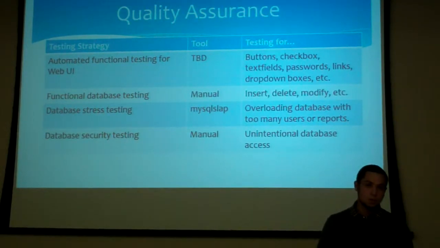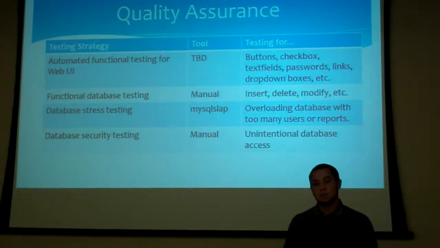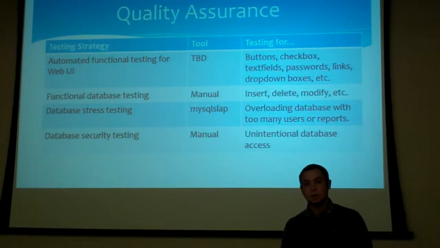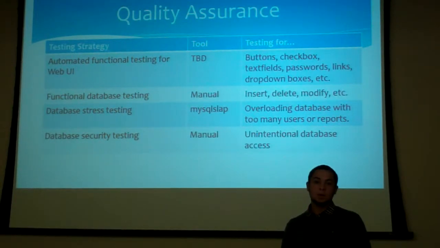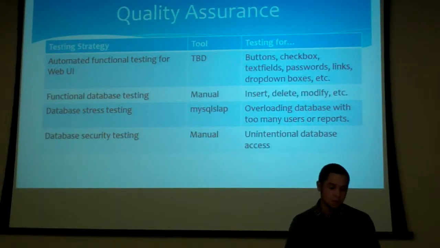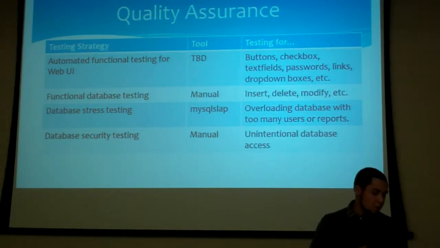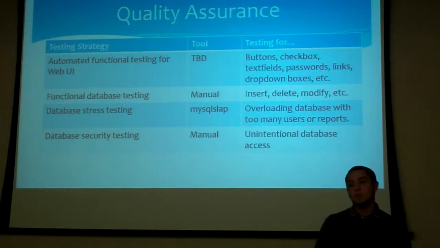Then we move on to database stress testing, where we will use MySQL SLAP to see if the product can handle multiple queries in a short amount of time, as well as a large number of reports submitted. After that, we will move into database security testing to prevent unauthorized database entry.